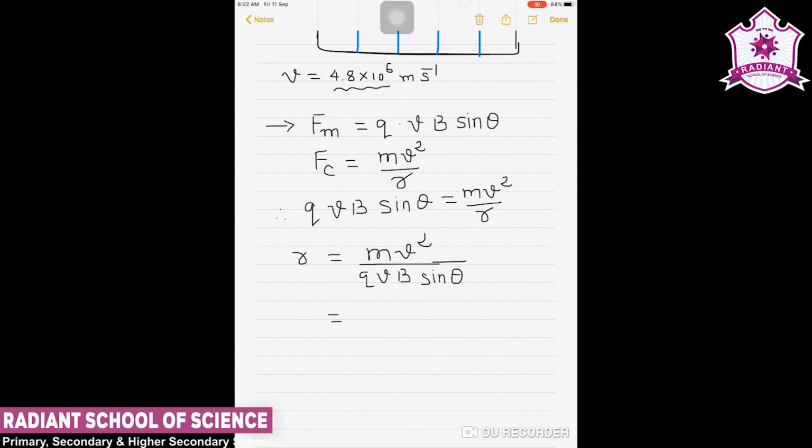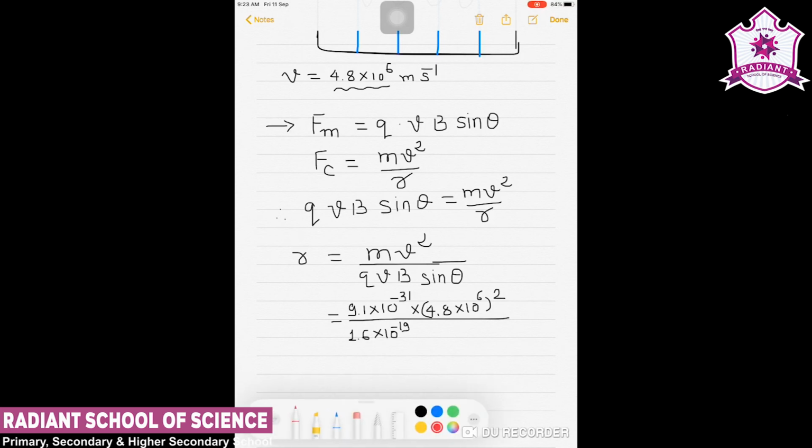So if we put all the terms related to the electron: the mass of the electron is 9.1 into 10 raised to minus 31 kilogram. The velocity they have provided is 4.8 into 10 raised to 6. Q is the magnitude of the electron's charge, 1.6 into 10 raised to minus 19. One v will also cancel over here, so we need not apply the square, we just write a simple term of velocity.